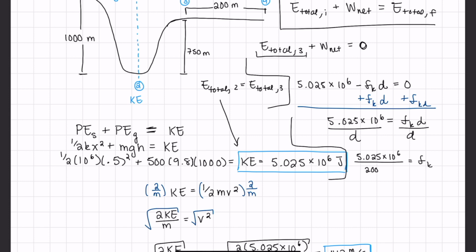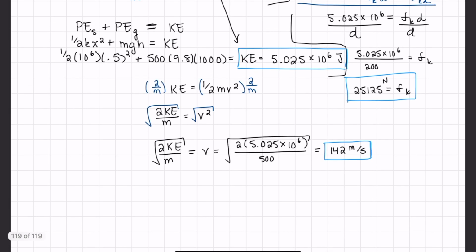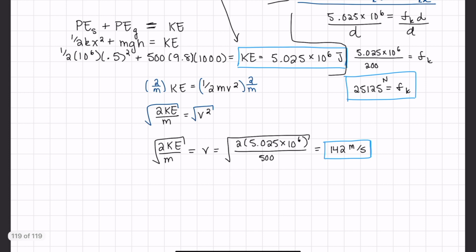And that is going to be equal to 25,125 newtons will be our frictional force. And from that, oh my god, this became a whole mess. I'm going to erase this stuff actually.